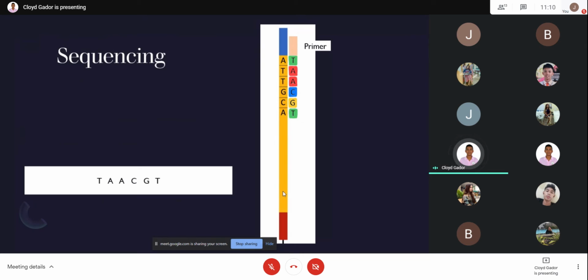So these nucleotides are fluorescently labeled and only one of them will exactly fit.